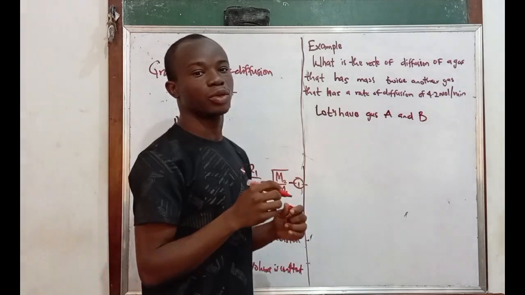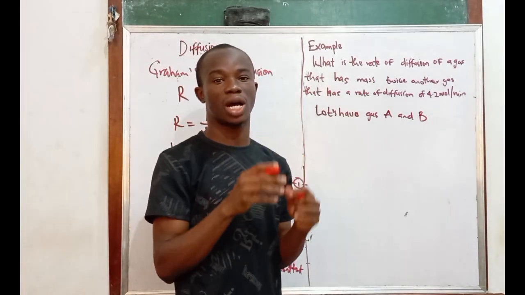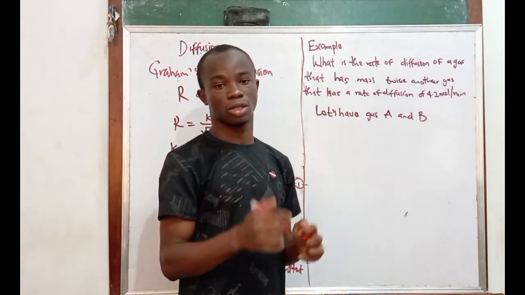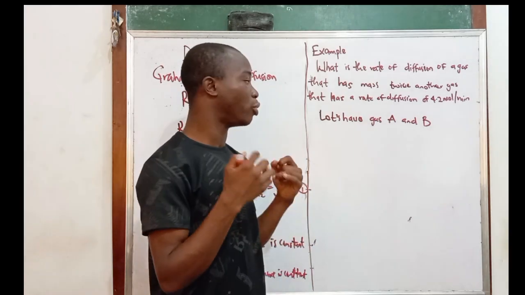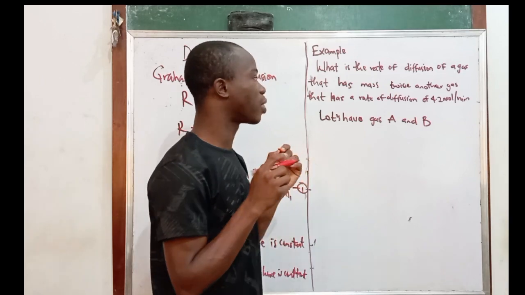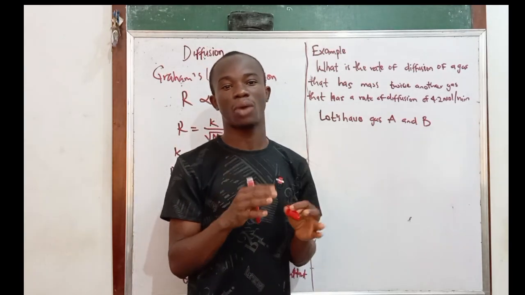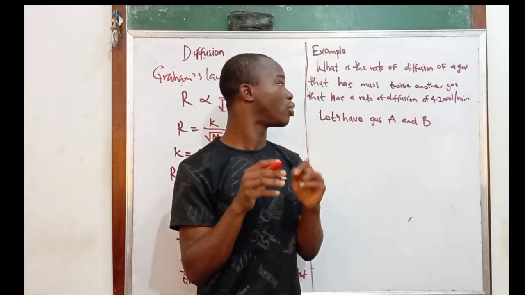So the first thing I'm doing is to denote the two gases with variable A and variable B. In some cases, you can also use 1 and 2, gas 1, gas 2, but you can pick any variable of your choice to represent the two gases. Now, from the question, we know the rate of diffusion of one of the gases, while we do not know the rate of diffusion of the second gas.